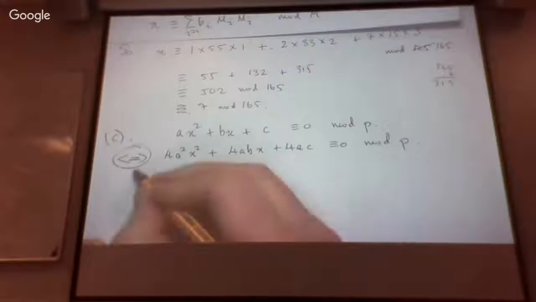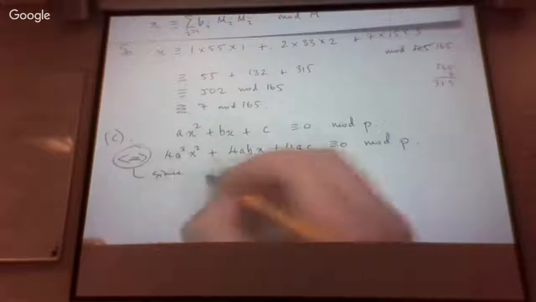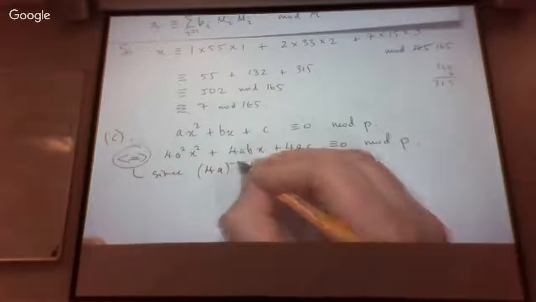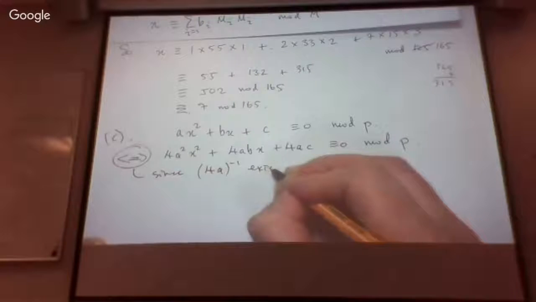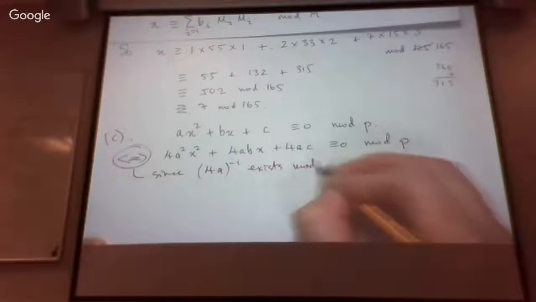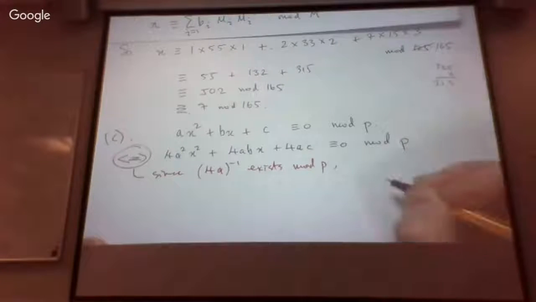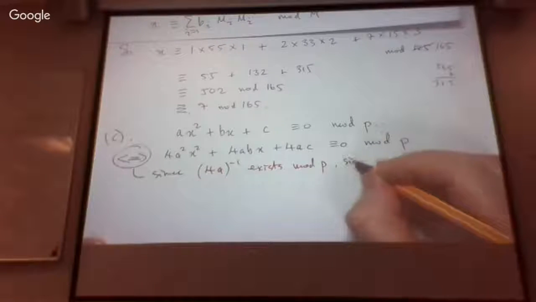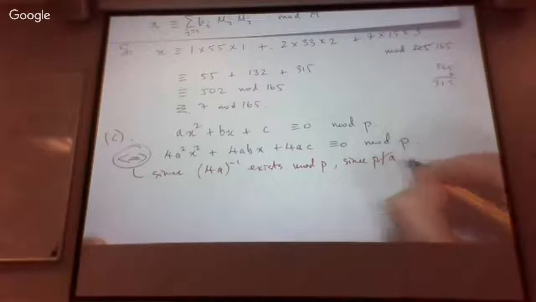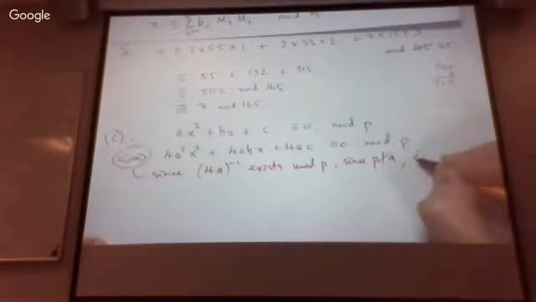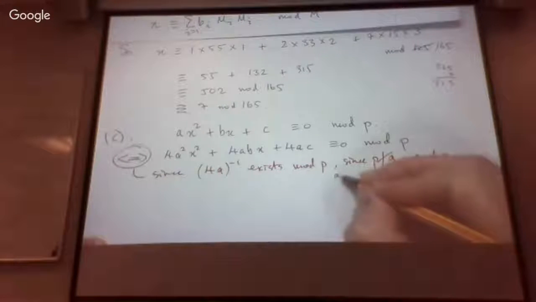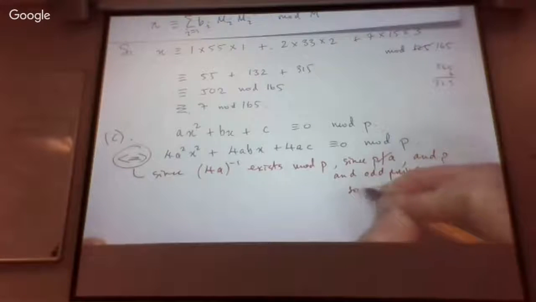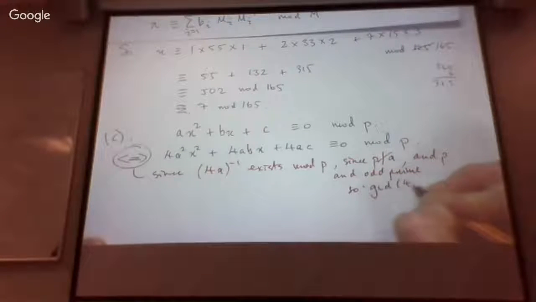This is an equivalence since 4a, the number you've multiplied across by, is invertible modulo p. And that's true since p does not divide a. Okay, you're given that in the question, and p an odd prime. So the GCD of 4 and p is 1.